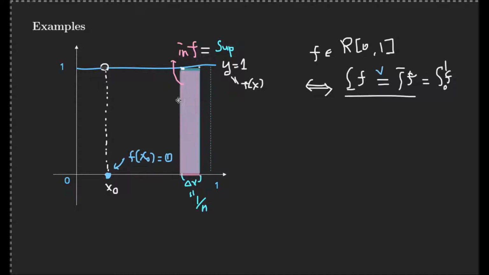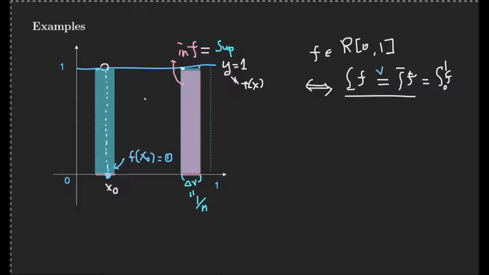But the problem is here. In this case, when taking the infimum, the height is 0, because this is the infimum value on this given interval. But in the supremum case, this height is the supremum value. So there is a difference in area only at this discontinuous point.